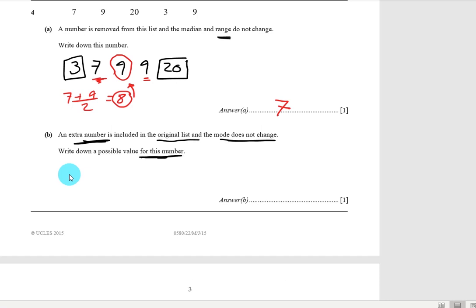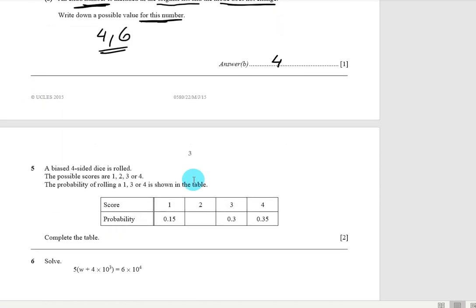It's an extra number, maybe 4, any number inside this series without changing the mode. So maybe 4, maybe 6, whatever the number is. Whatever number you write here will not change the mode.